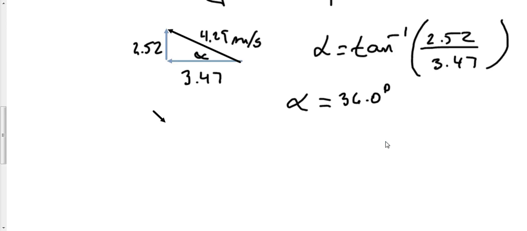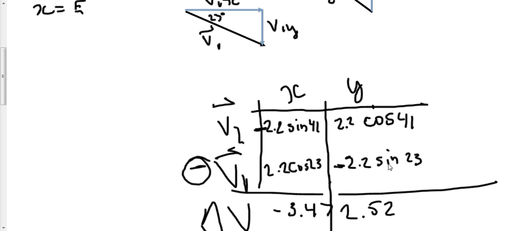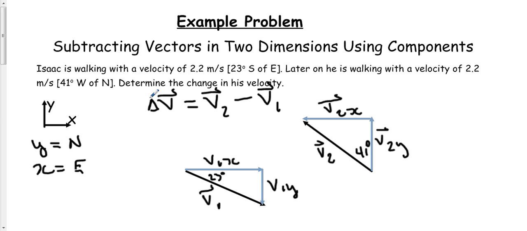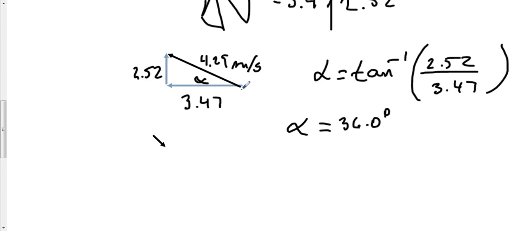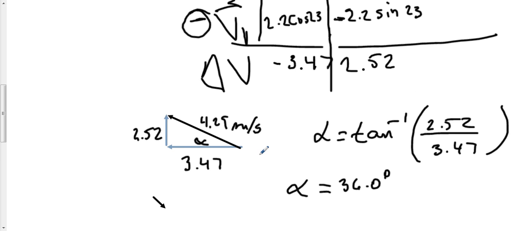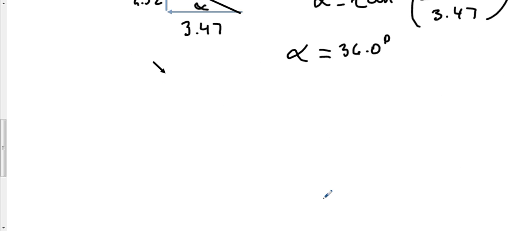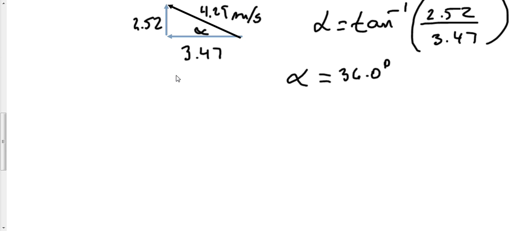So now I'm ready to write my final answer. I'm going to go back and look at what I was initially given. Two significant figures, so my final answer should have two significant figures. I kept three through, more than two, throughout. In fact, I've got three here, which is good practice. That way I don't end up with a creeping rounding error. So my final answer should be 4.3 meters per second.